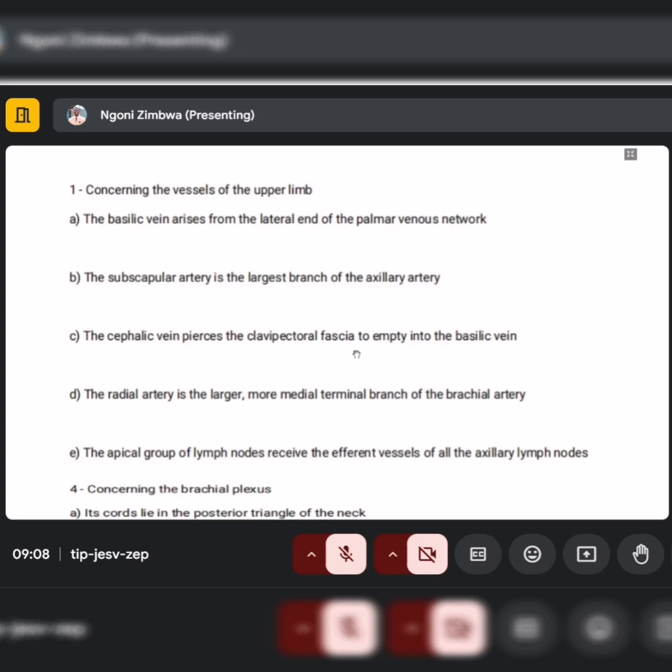Then it rises lateral to the forearm, and in the superficial layer of the cubital fossa, it gives a branch called the median cubital vein. Take note, the median cubital vein is a branch of the cephalic vein, not the basilic vein. You understand?